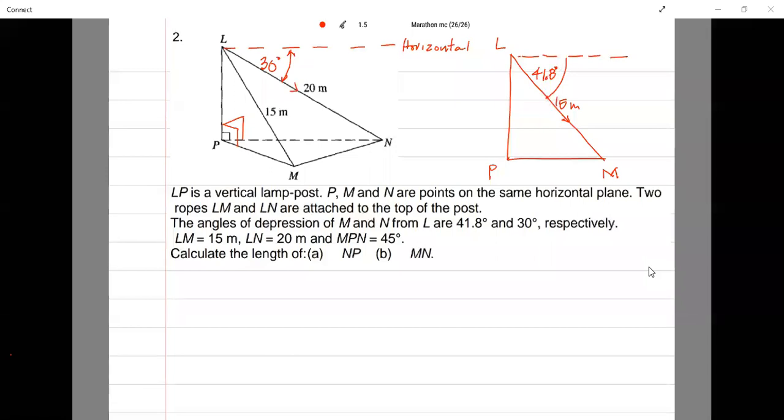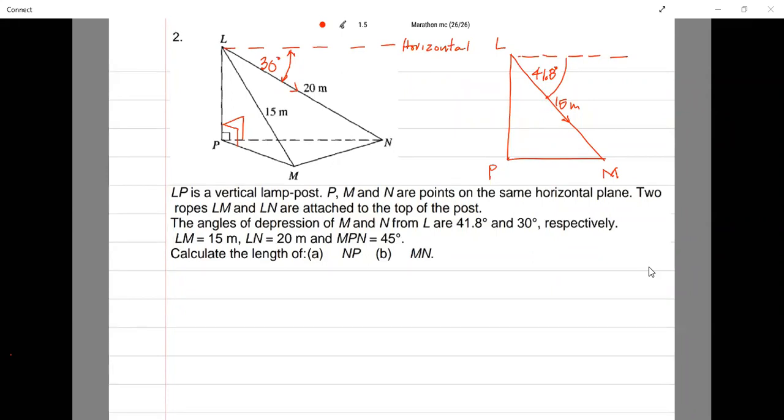So we have two angles of depression. There's an angle of depression where you're at L looking down at N. That angle of depression is 30 degrees. And there's an angle of depression at L looking down at M. That angle of depression is 41.8 degrees.